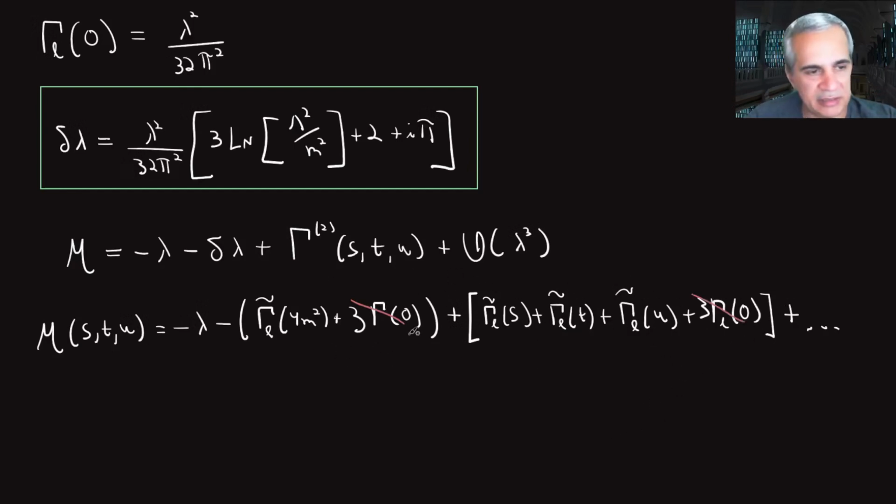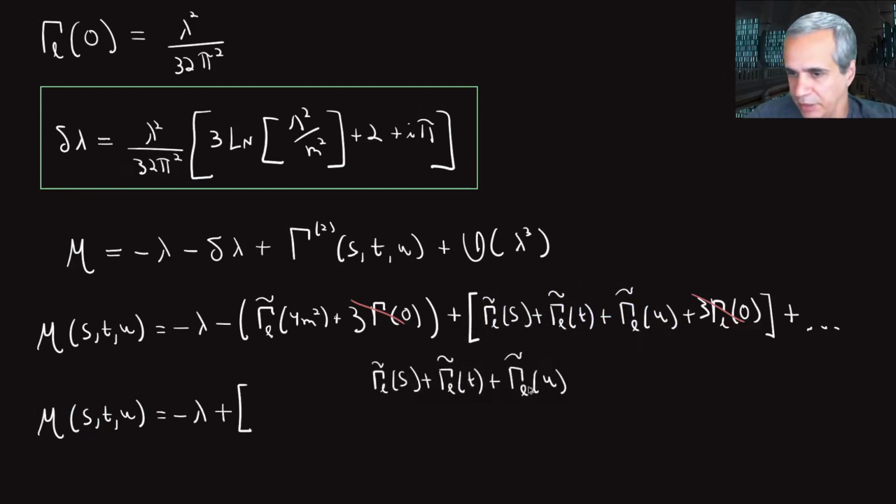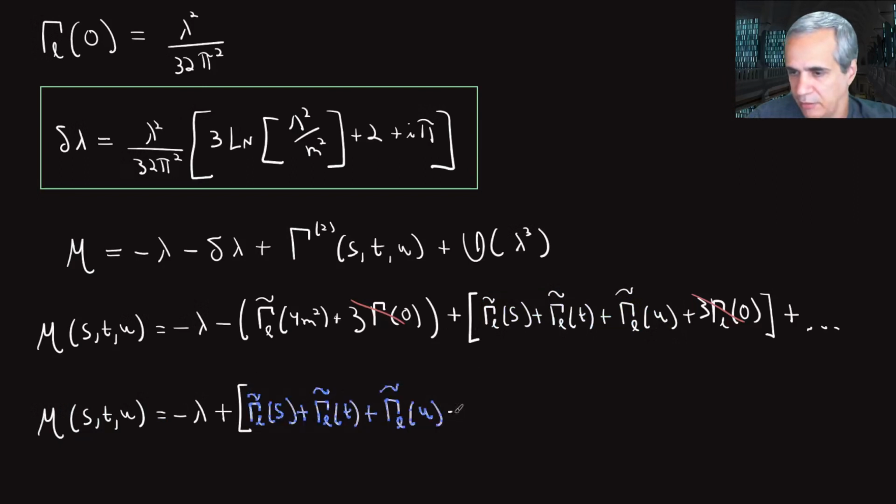So everything that's left is finite. I have expressions for these guys, and they are all finite. So what I'm obtaining is that this guy is minus lambda plus something that is the sum of these 3 minus this, which is all finite.